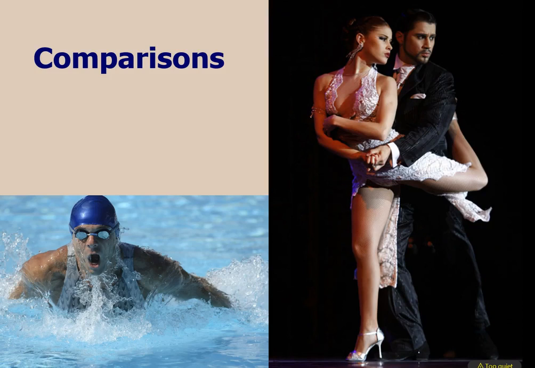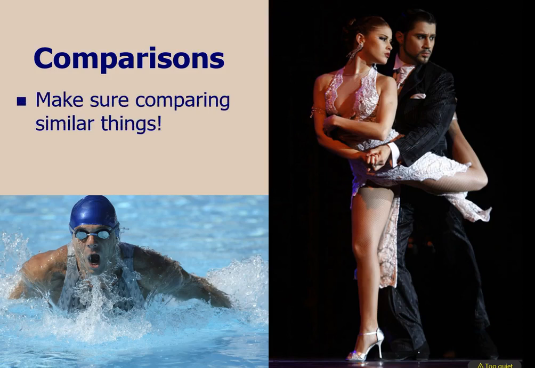The cardiovascular workout that it is and the strength needed to do it properly. I wouldn't want to compare dancing to going on vacation. It doesn't really make any sense. So make sure you compare similar things.